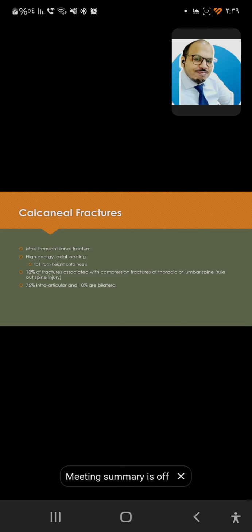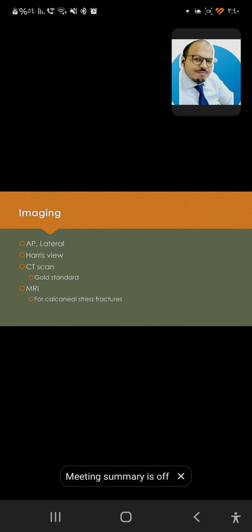A small percentage of fractures are associated with compression fractures of the thoracic or lumbar spine, the majority are intra-articular, and 10% are bilateral. Always get AP and lateral views. CT scan is the gold standard, and MRI is for stress fractures.